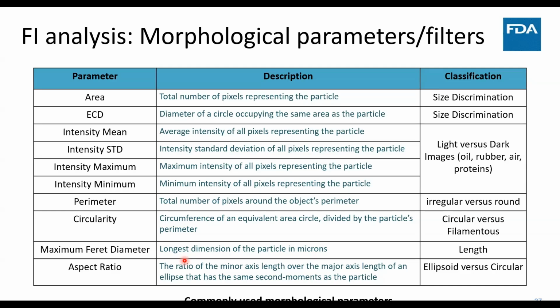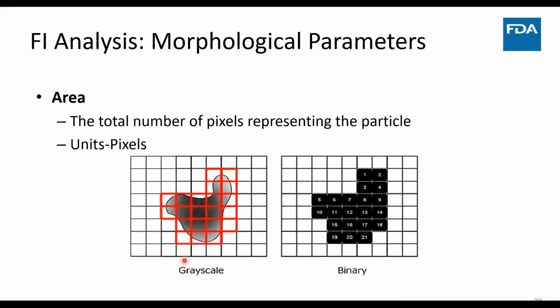Based on that, we can use a combination of different filters or parameters to distinguish between the different types of particles based on the area, the intensity, the circularity, the aspect ratio, the Fourier diameter. It allows us to have countless parameters and gives us the ability to, in a way, identify the source of the particles in our product.